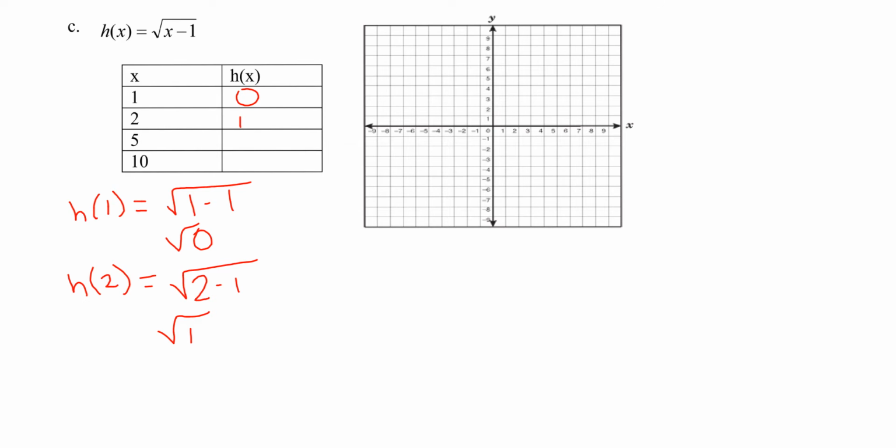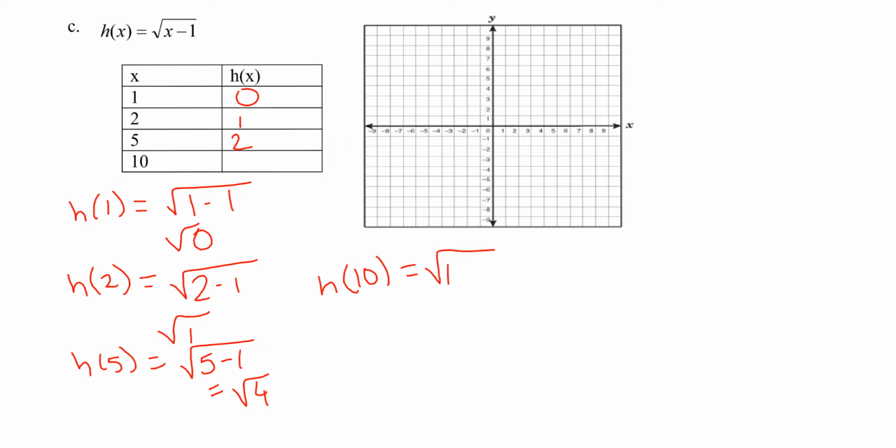Then we're going to do h of 5, which will be the square root of 5 minus 1, which will give me the square root of 4, which is 2. And last, we have h of 10, which will be 10 minus 1, which gives me the square root of 9, which equals 3.